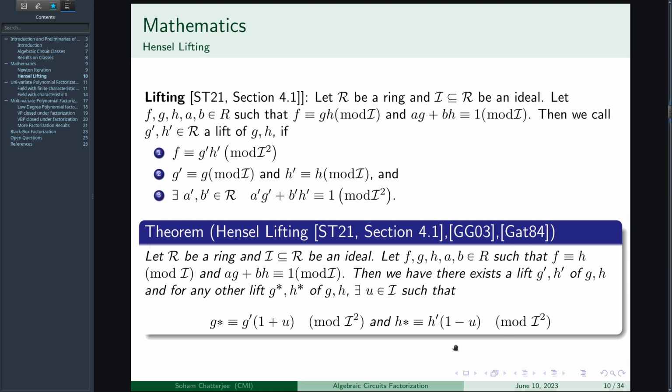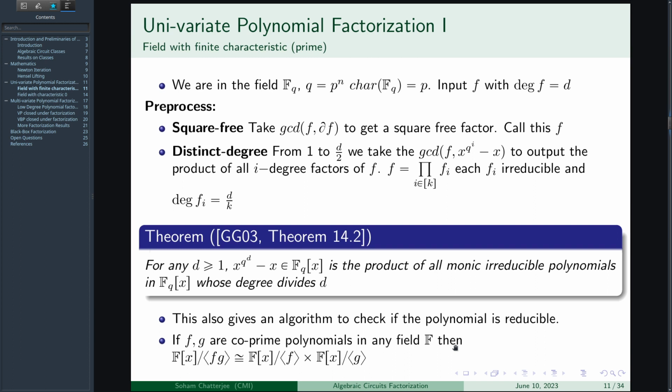And if you make all those lifts monic, then there will be only a unique lift. Now, while making monic, you have to do division. This is a division gate. Removing a division gate is very easy for circuits, but for formulas and ABPs, it takes a huge blow. It's a known result that it takes an exponential blow.